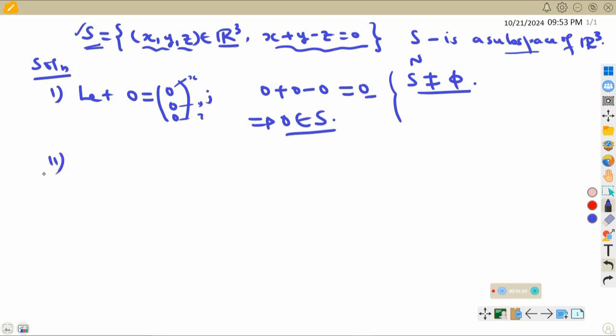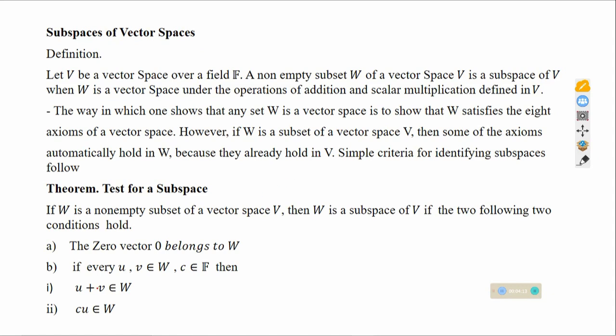Condition 2. We must as well show that for every vector u, v picked from W and scalar picked from the scalar field, the 2 must as well be satisfied.